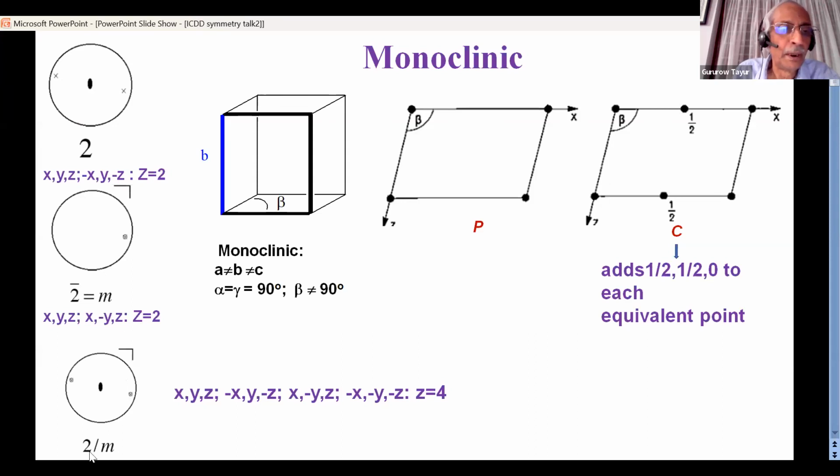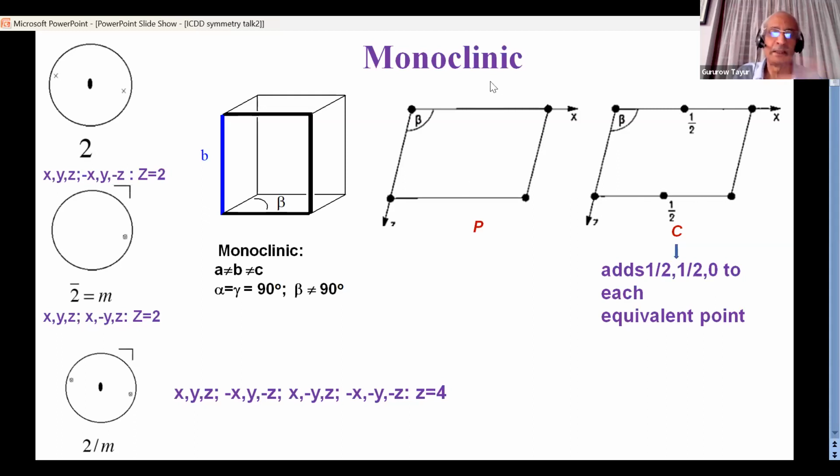But a 2-fold and a mirror which is perpendicular to that is shown in the next one, which is the 3rd possible point group symmetry that gets associated with a monoclinic system. So these are the 3 symmetry elements which have a single rotation axis. And using the single rotation axis concept, we define the symmetry that is associated with a monoclinic system.